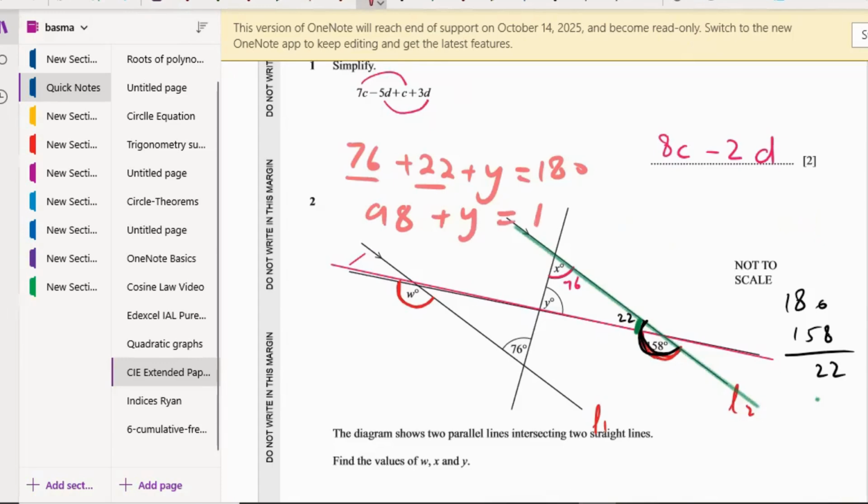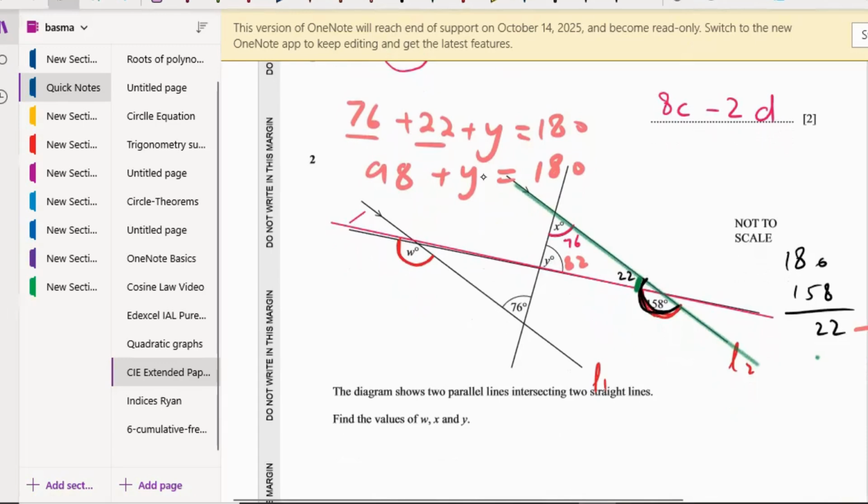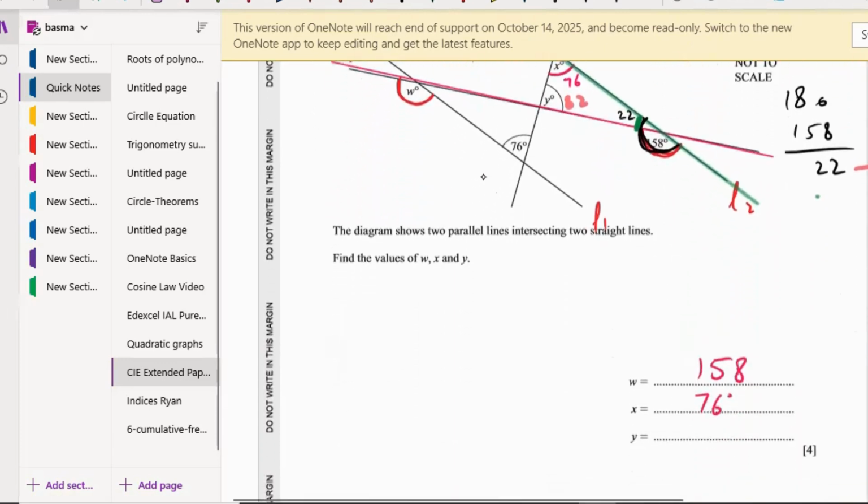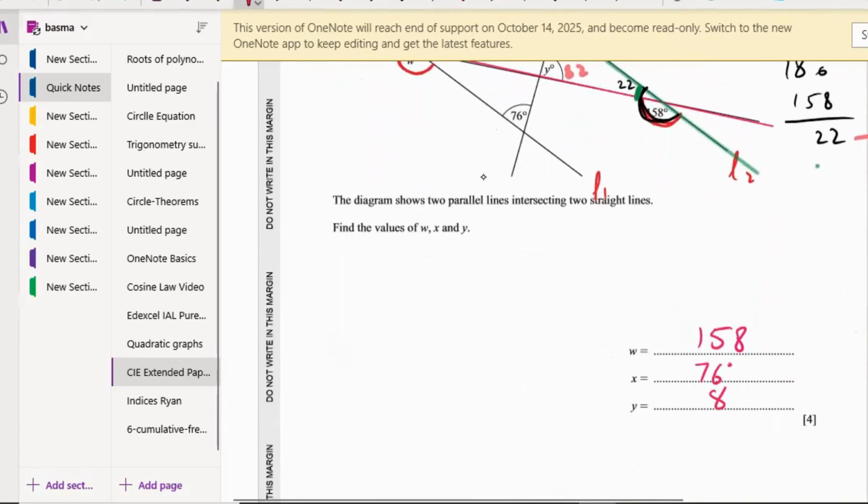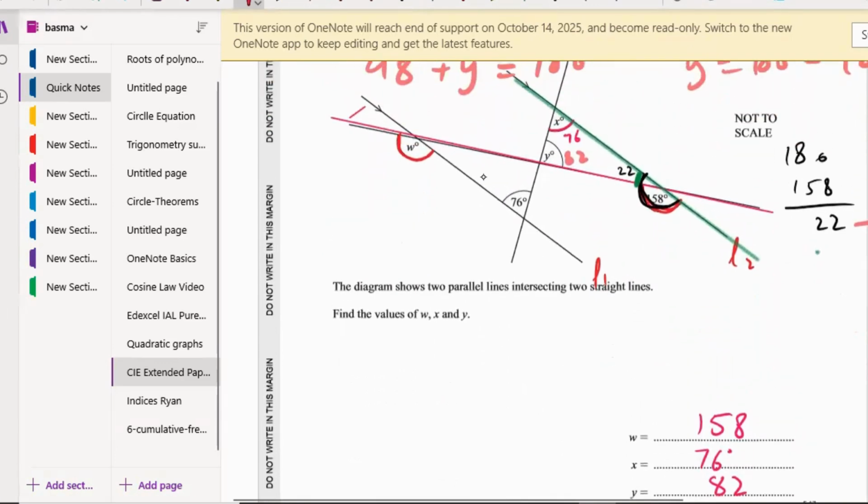So 98 plus y equals 180. Taking 98 to the other side, y equals 180 take away 98, which gives you 82. So the y angle is 82. That was a 4 marks question.